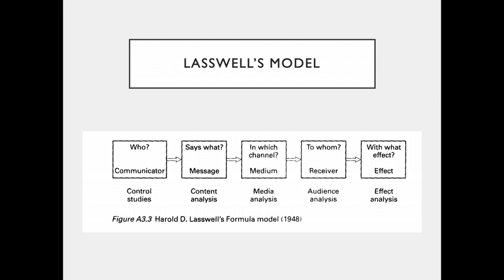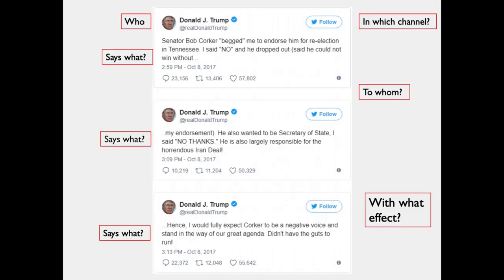So very simple, very straightforward, and it works ideally across lots of different types of media, even digital media, despite Lasswell having produced this long before digital media was ever invented. So we can look at this tweet from Donald Trump from 2017.